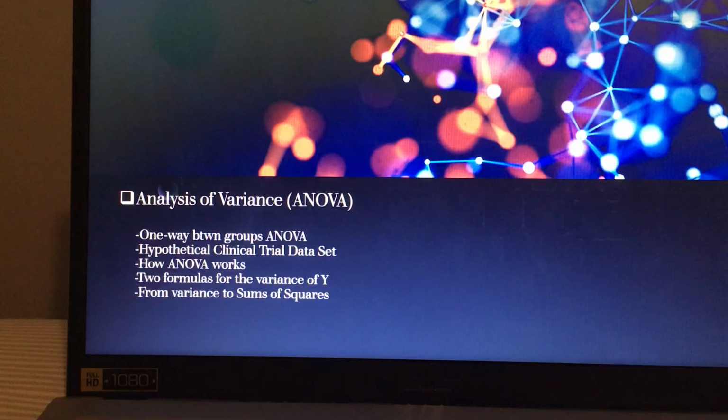In other words, each person P corresponds to a unique ik combination, and so the formula that I gave above is actually identical to the original formula for variance, which would be variance of Y equals 1 over N, sum of Y subscript P minus the average Y, and then take that value and square it.